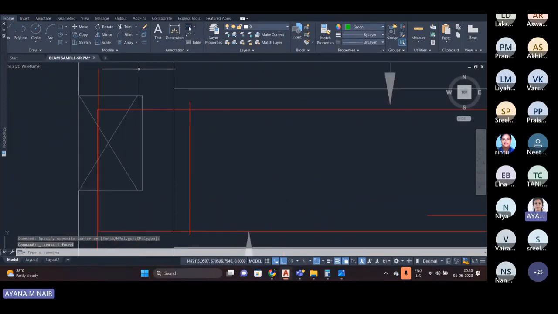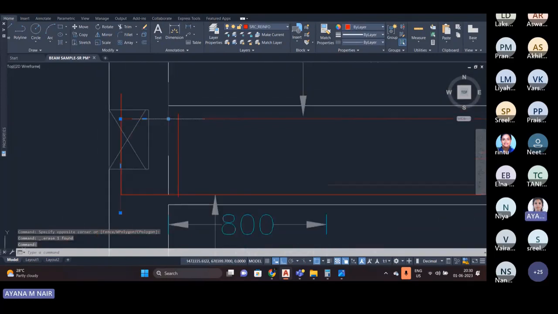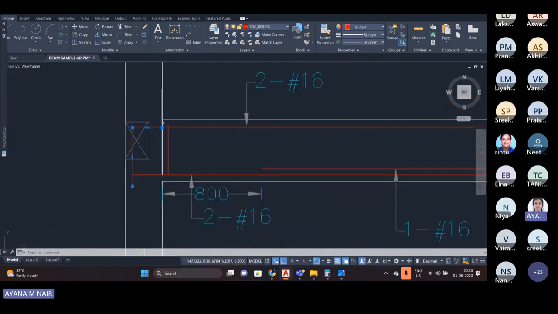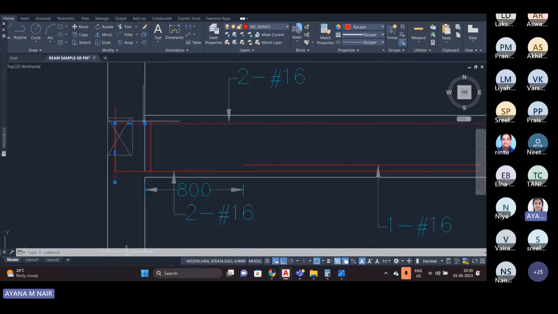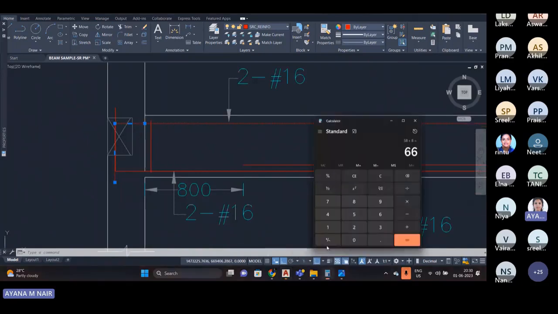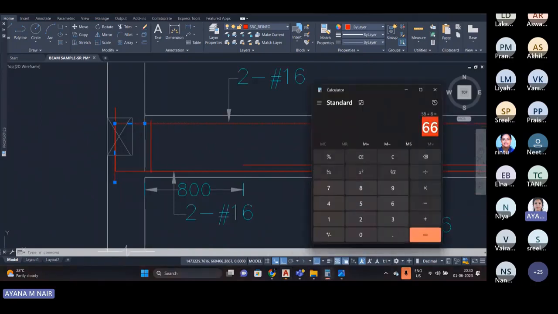Now check for the development length. It will start from the edge of the column, at this beam column intersection. So here you can see that this is 242 and 475. So this one is 242. I have told you that the total Ld is 725.